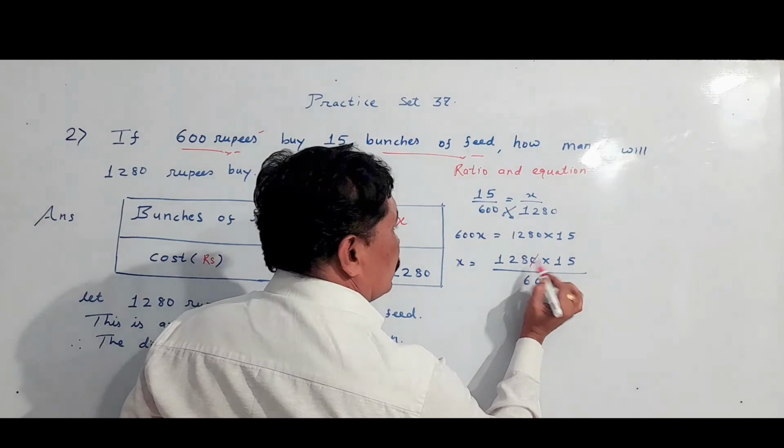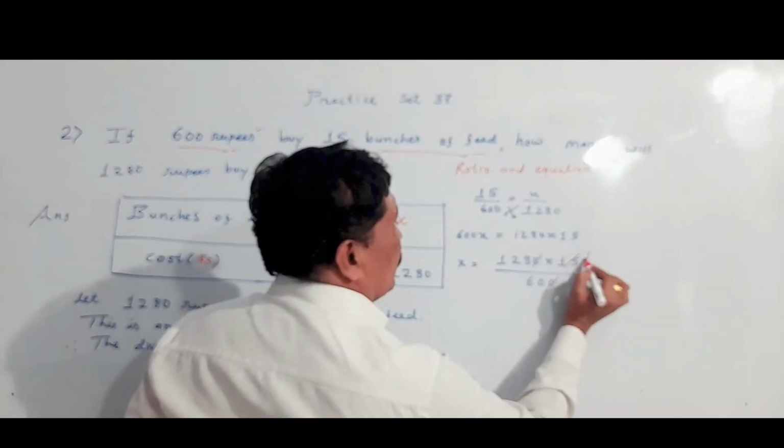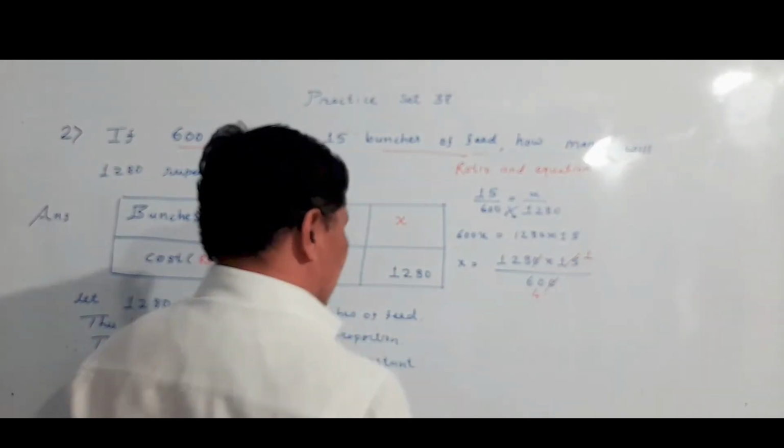0 cancel. 15 ones are 15, 15 fours are 60.